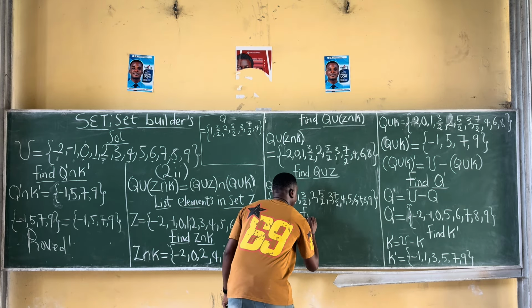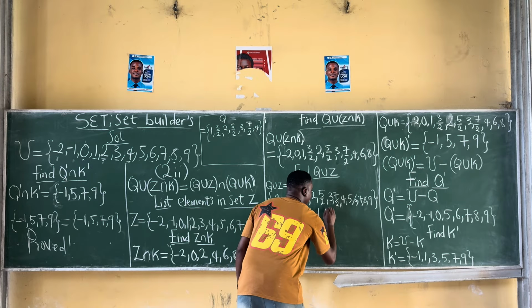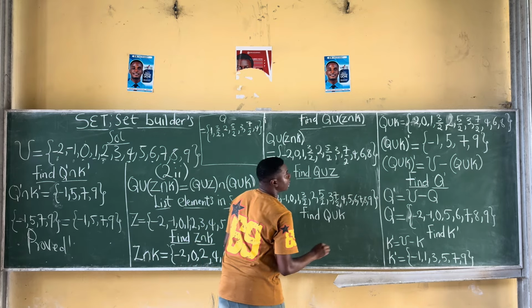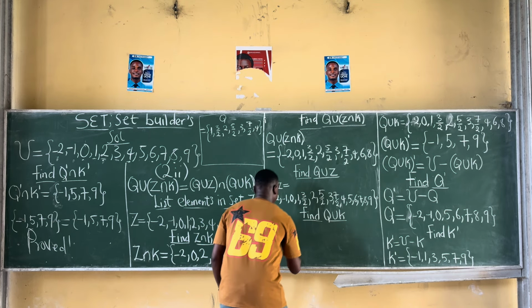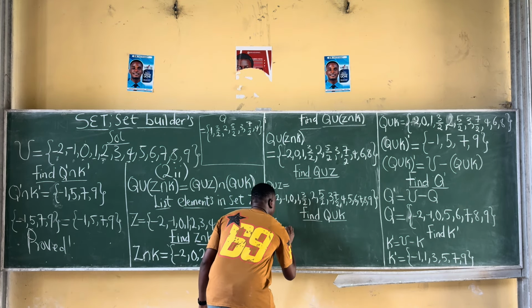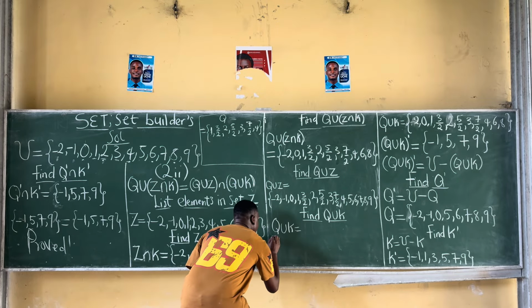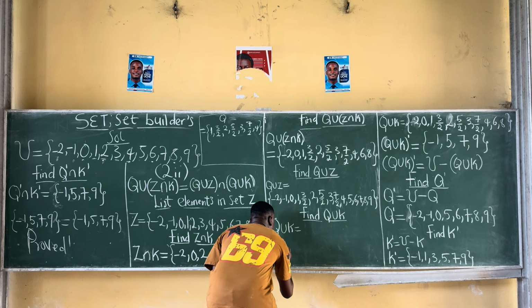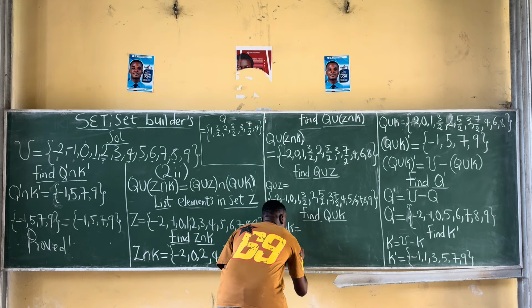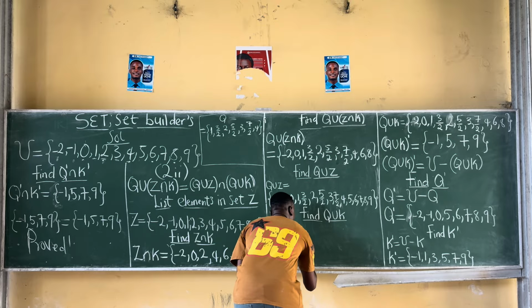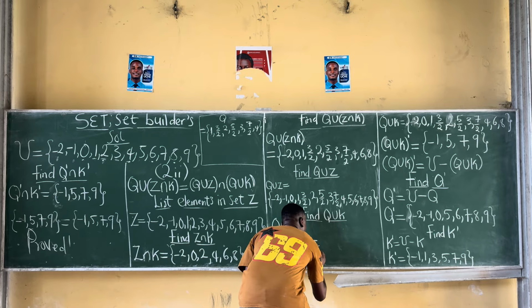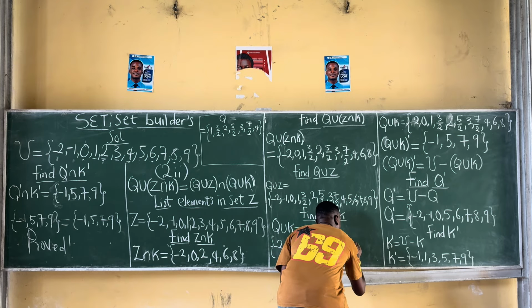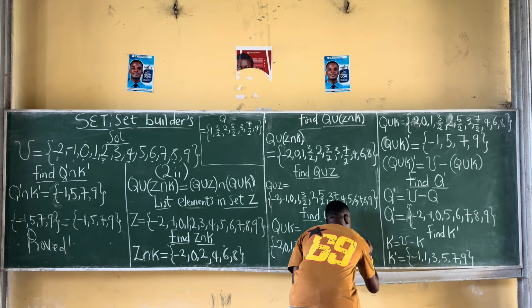So we find Q union K. Q union K is equal to minus 2, 0, 1, 3 over 2, 2, 5 over 2, 3, 7 over 2, 4, 6, and 8.